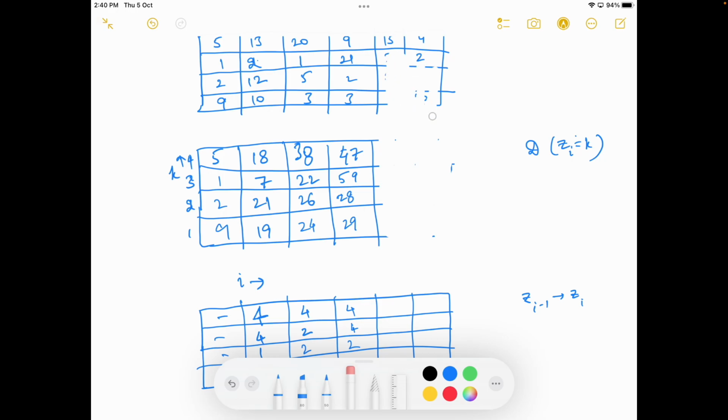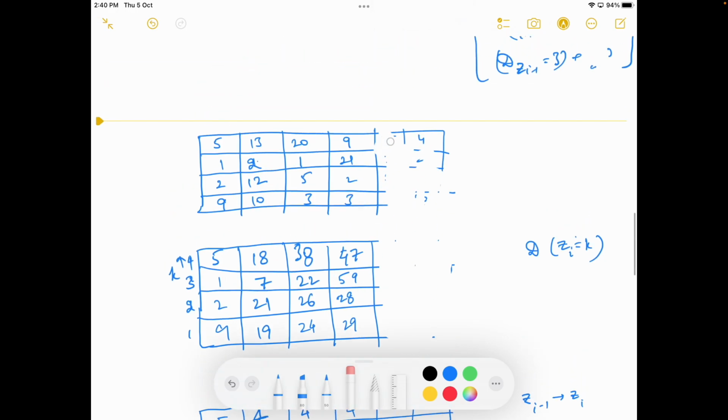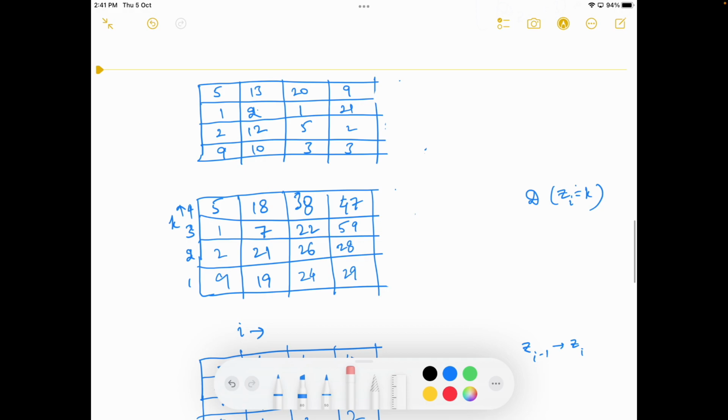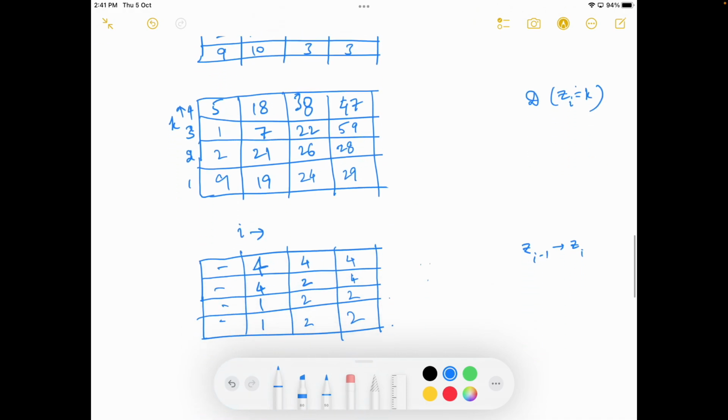Let's say my problem was only 4 dimensional, 4 columns only. So what is the best path? Yes, the 59 is the maximum value.